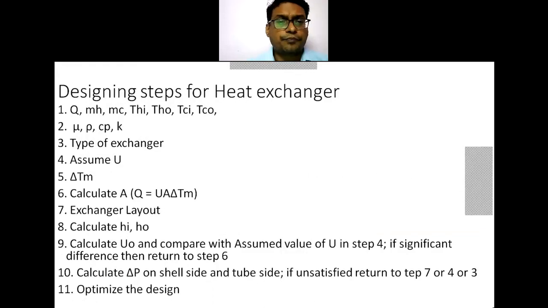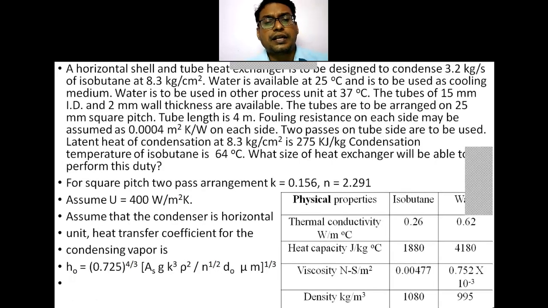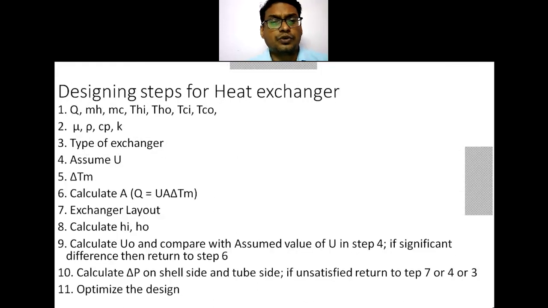The type of the heat exchanger is a shell and tube heat exchanger. Then assume the value of U, which is already provided in this example: 400 watts per meter square Kelvin is the assumed value.